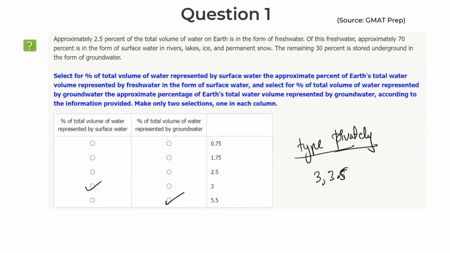Or let's say it is something like this one and this one, then you can also write 3 comma 1.75, or whatever you are comfortable with. Just make sure that you send in your answer properly. This is the first question, and we are going to keep this theme for the rest of the webinar as well. I will be muted for exactly 2 minutes, after which we will start discussing the questions. Okay, all the best.